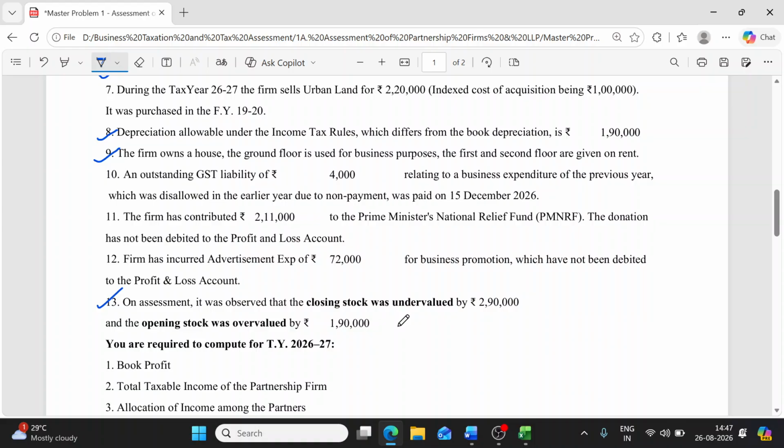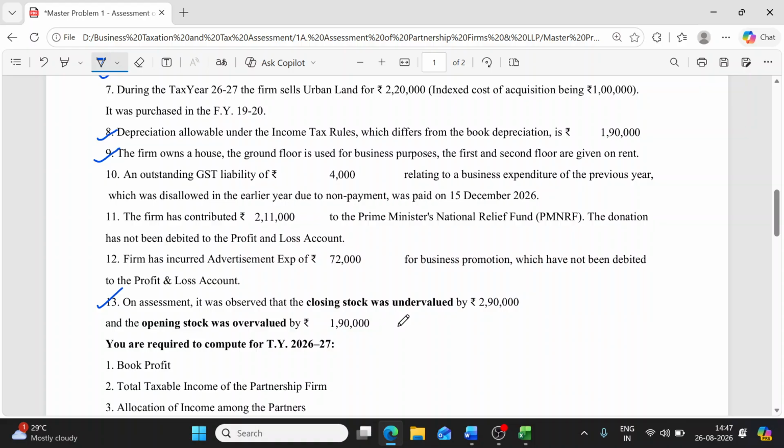Just imagine in front of you there is a trading account, and the actual value of the closing stock is 200 rupees, and instead of showing it as 200, intentionally it is recorded as 150.